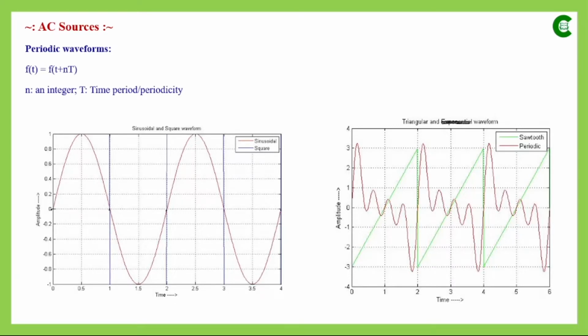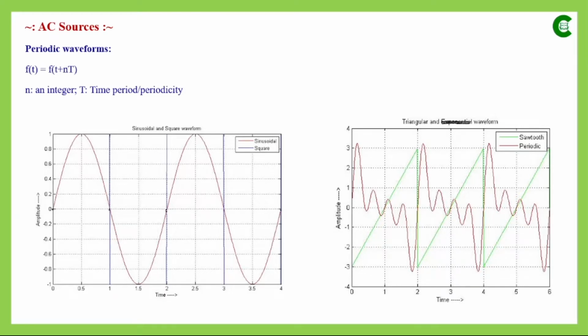Between this point and the end point, this is a complete period where we have one positive cycle, or positive part of that waveform, and again we have a negative cycle, or negative part of that waveform, followed by the positive part.